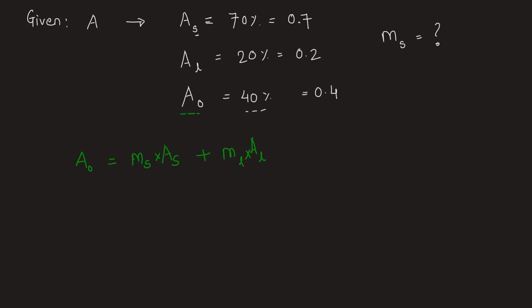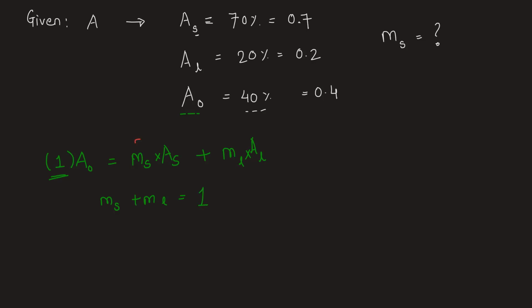This makes the complete overall composition which has the total fraction as 100%. So we can either write this as 100, which is in percentage, or we can write it as 1, because the total fraction of solid and fraction of liquid together makes the 100% of the overall composition. So we can also write MS plus ML is 1, because that makes the total composition.